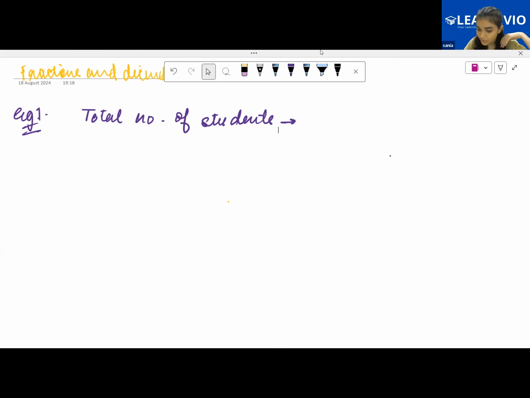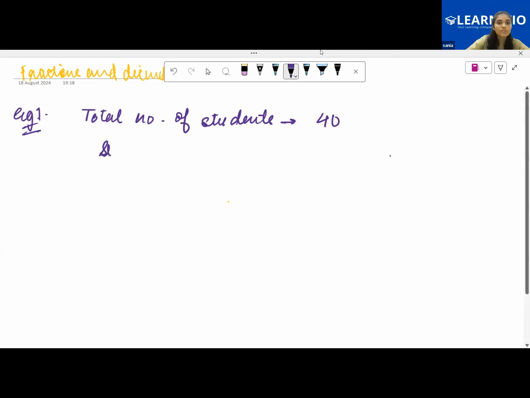For now, please look to this question. It is a very important question. So the question says that, I'll explain you the question. Please look carefully. That there are 40 students in a class. Okay, so there is a class which contains 40 students, and out of those 40 students, we have 1 by 5 of total number of students like to study English.